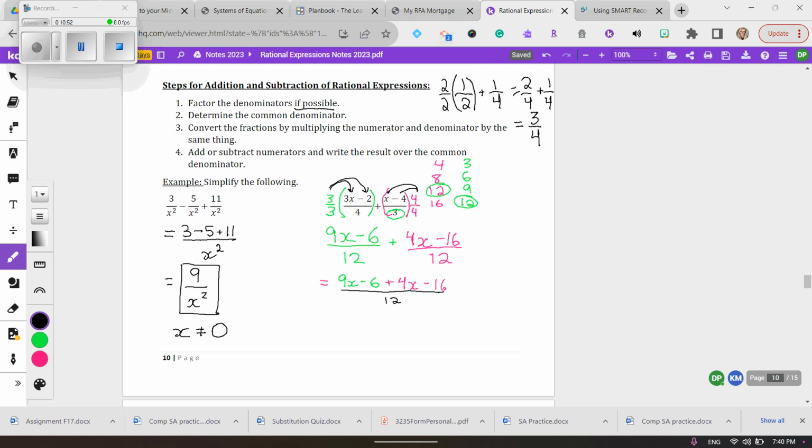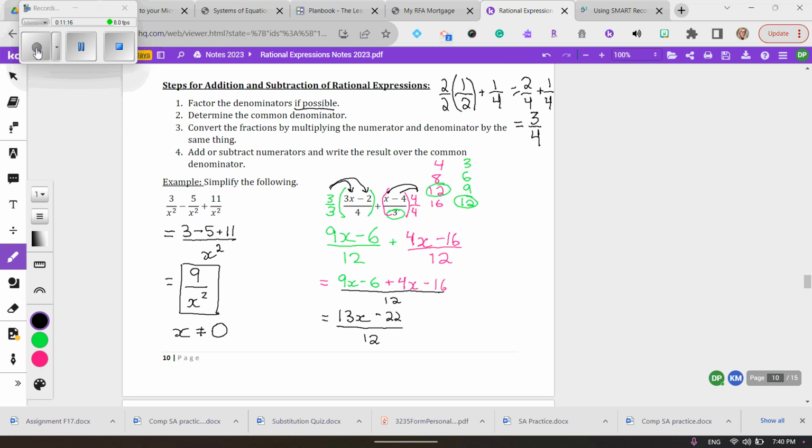Now I can go ahead and collect my like terms. 9x plus 4x, that's 13x. And negative 6 minus 16, I believe that is negative 22, all over top of 12. So as one final check, make sure that you cannot factor anything or simplify anything at the end.